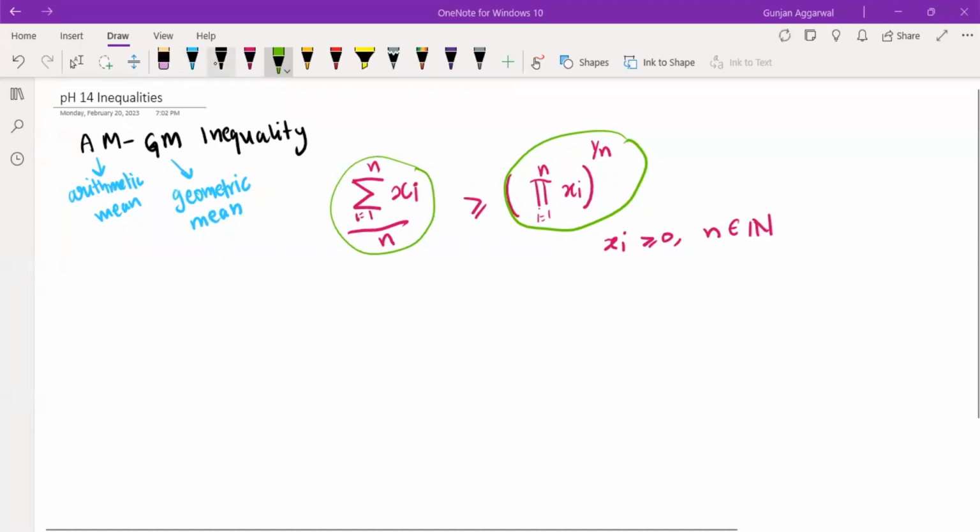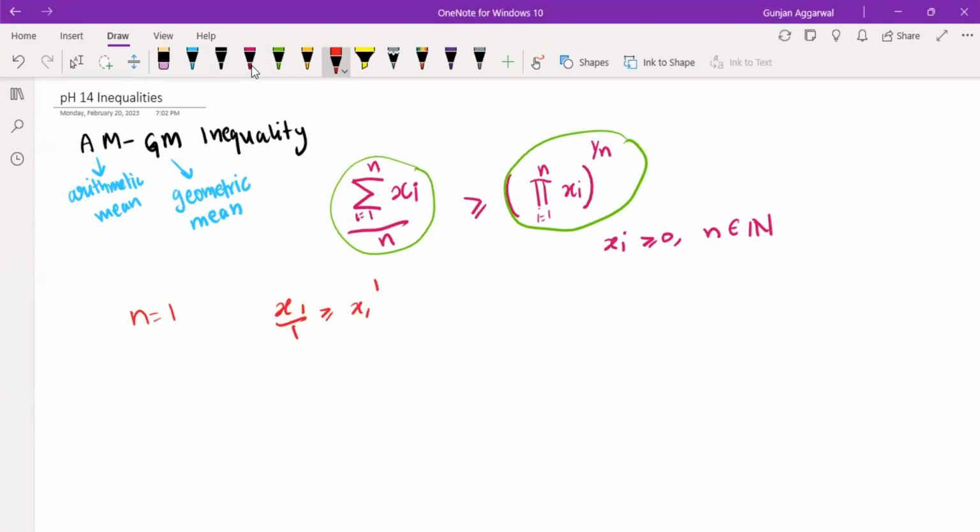Basically, the proof I like is using induction. Obviously for n equals 1, x1 by 1 is greater than or equal to x1 raised to 1. And then n equals 2, it's x1 plus x2 by 2 greater than or equal to root x1 x2.